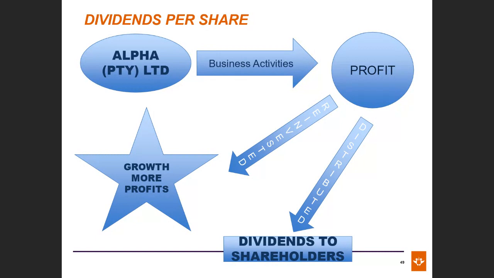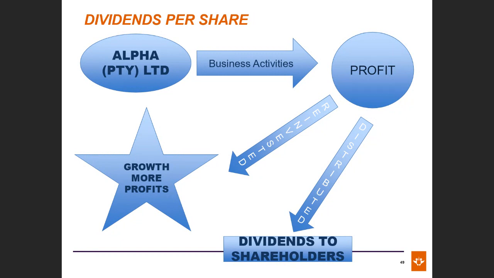So what is the aim of any company? Here we have a company called Alpha Pty Limited. The aim of a company for accounting purposes is to make a profit. So the company will undertake business activities to make a profit. A portion of that profit will be reinvested for more growth. A portion of that profit will be distributed to shareholders through dividends, okay?